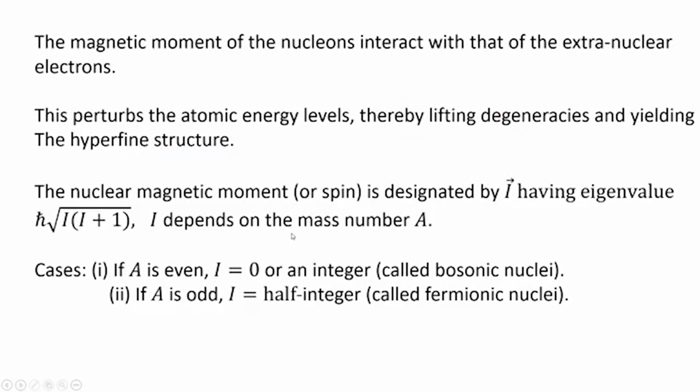Okay. So, let us discuss the angular momentum, or the spin angular momentum. We are talking about the total angular momentum, which comprises both the spin and the orbital angular momentum. Okay, so the magnetic moment of the nucleons interacts with those of the extra nuclear electrons, by which I mean the orbiting electrons.